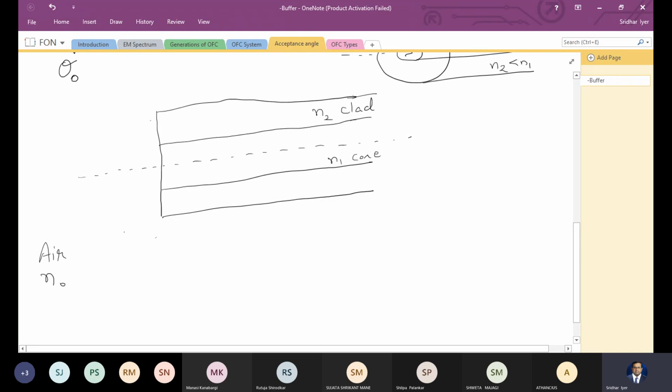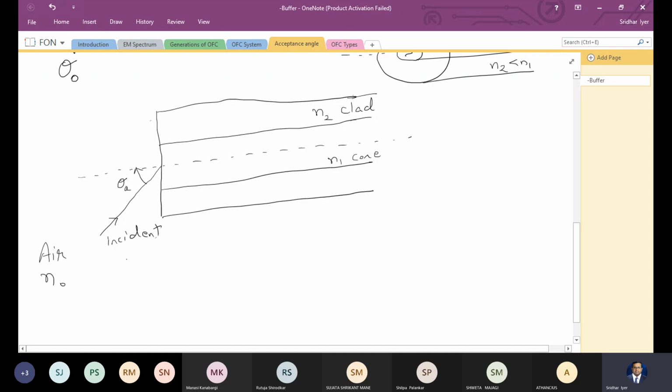Now I am going to start propagating light. Let this be the incident ray inside the medium, and let this make an angle theta A with the horizontal.